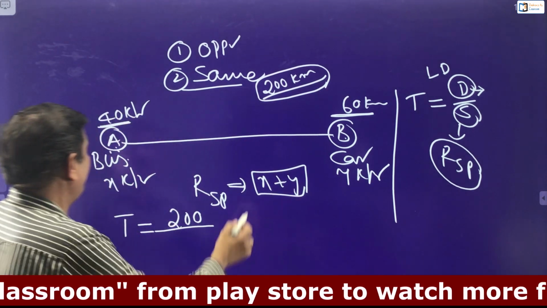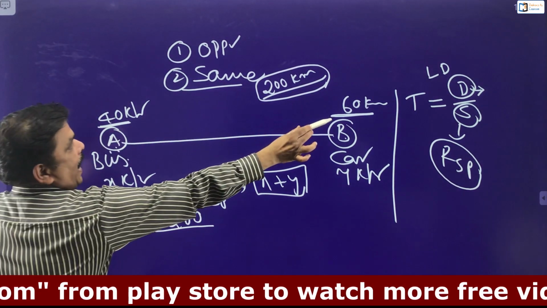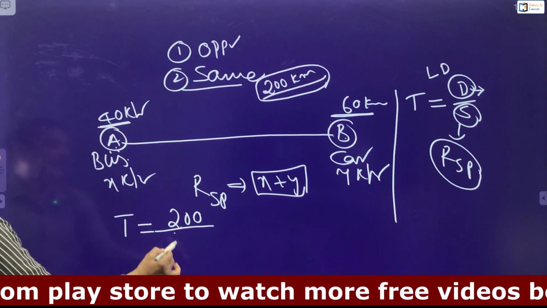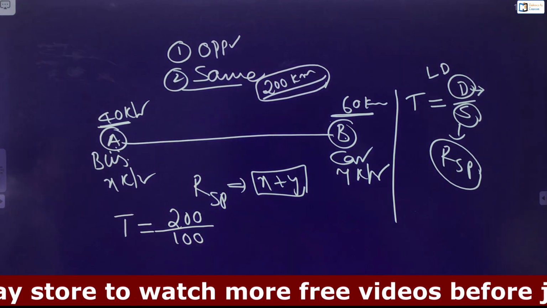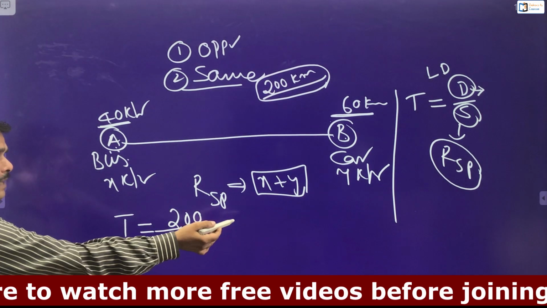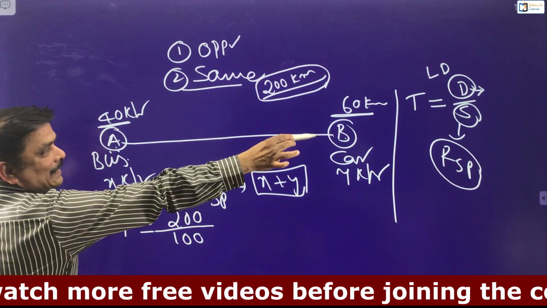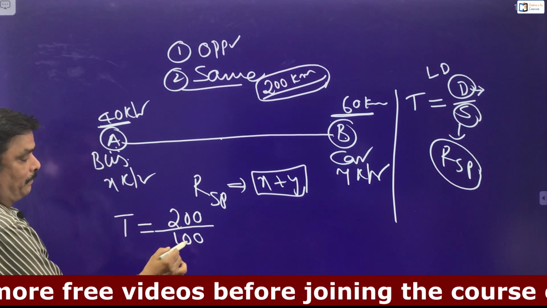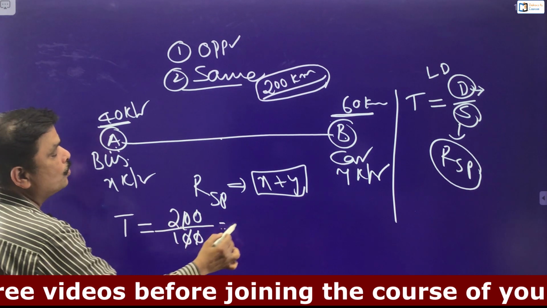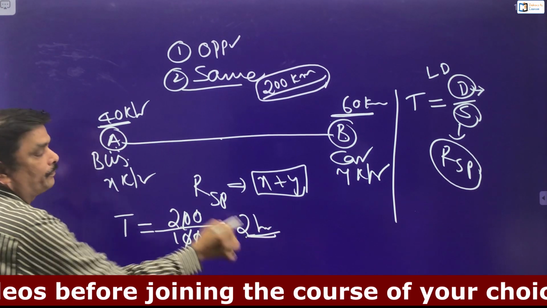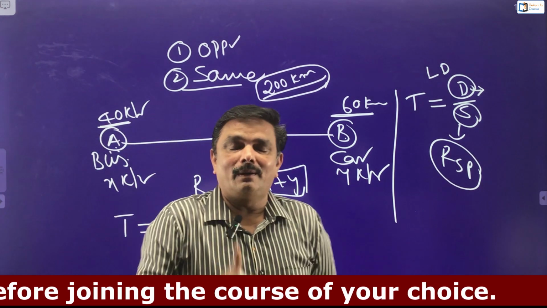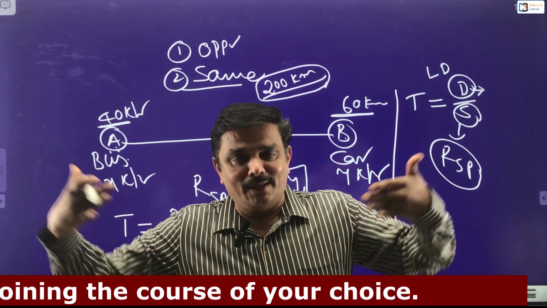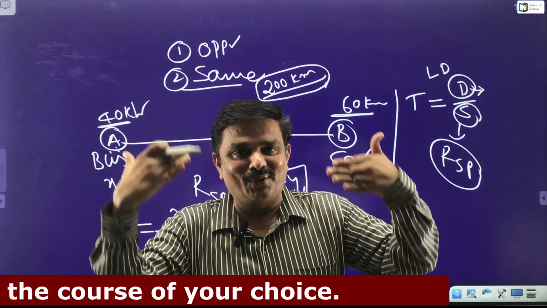So relative speed in the opposite direction means you need to add both of them. 60 plus 40, it will become 100 kilometers per hour. Now in how much time are both meeting each other on the way? Very simply, that should be 2 hours is the right answer. I hope the concept of relative speed in the opposite direction is clear for all of you.